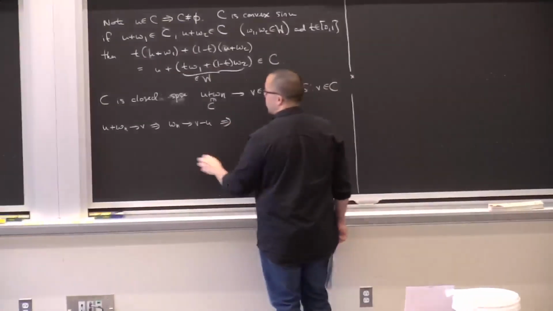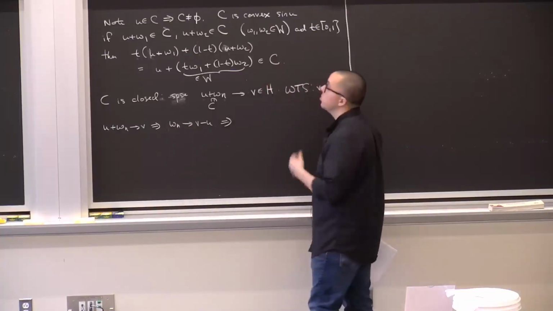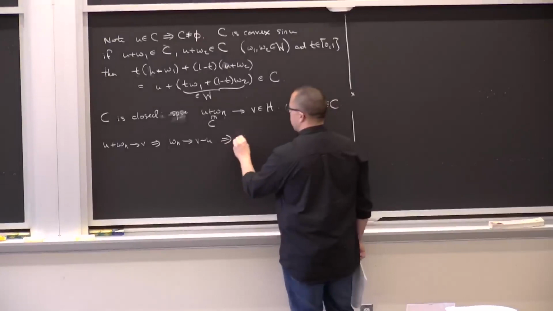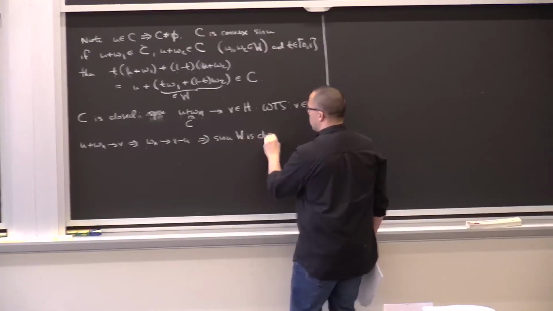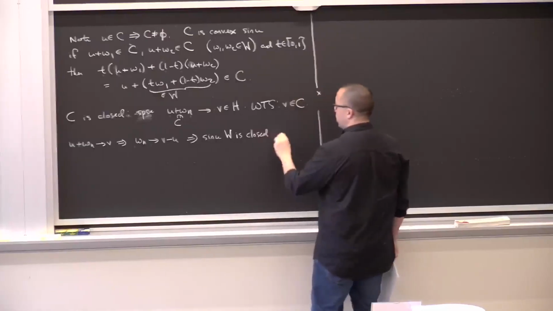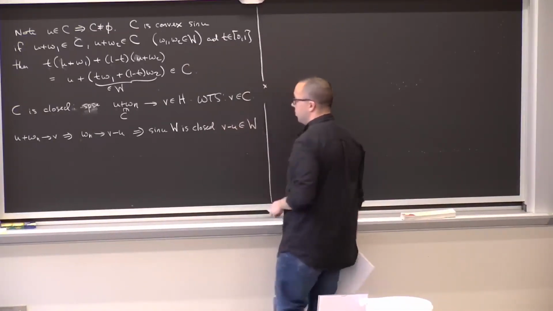And since w_n is coming from a closed subspace, this is actually where we're using the fact that W is closed, this implies that v minus u is in W.